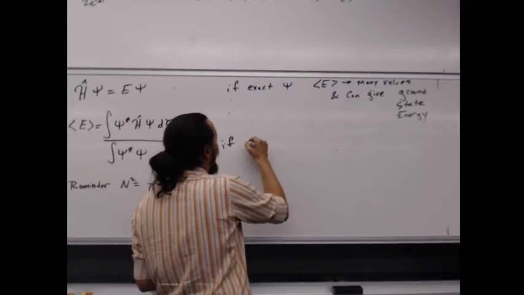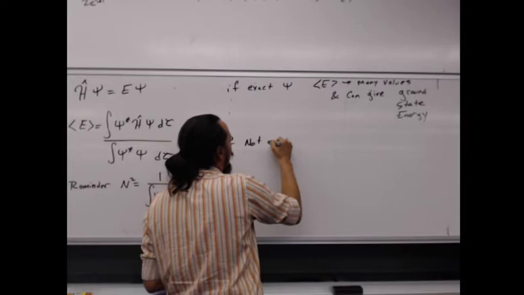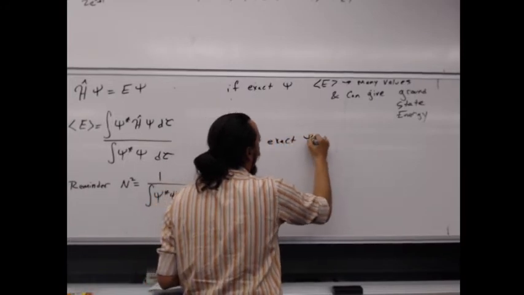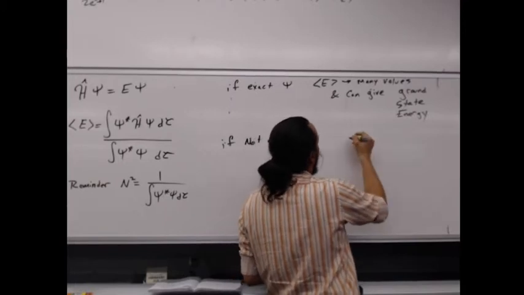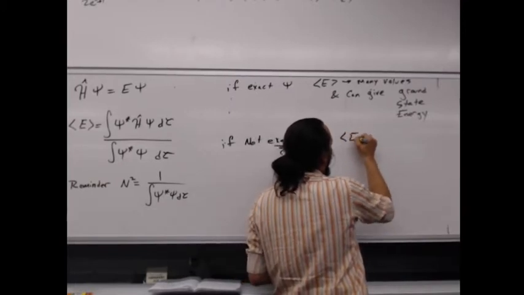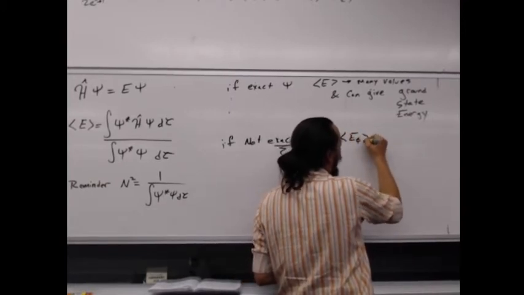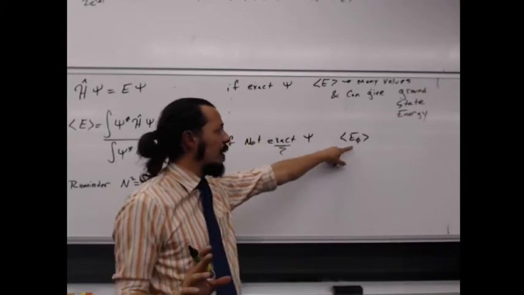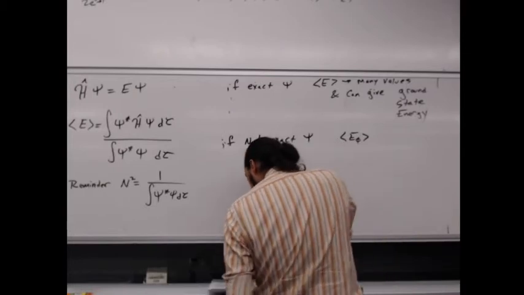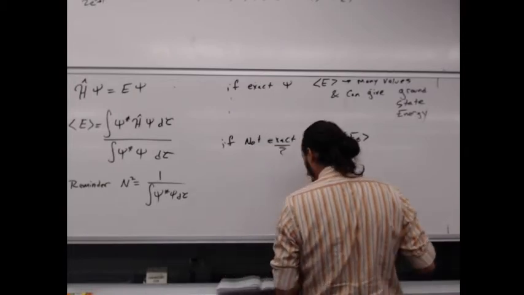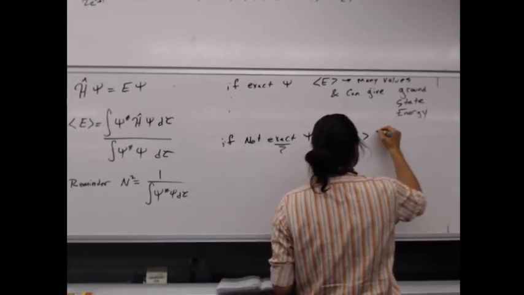If it's not the exact psi, then our average, I'm going to call it E phi, because in just a moment I'm going to label that as our guess function, then our E phi is guaranteed.